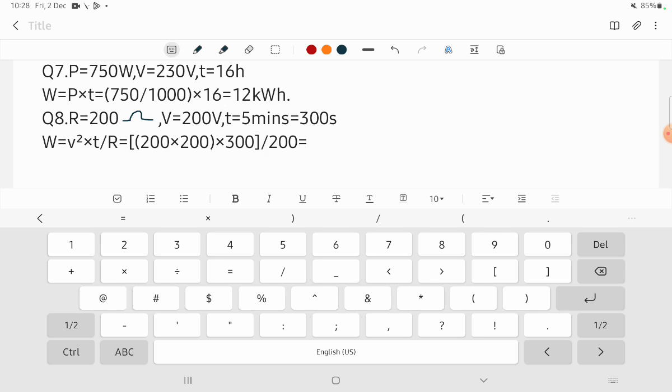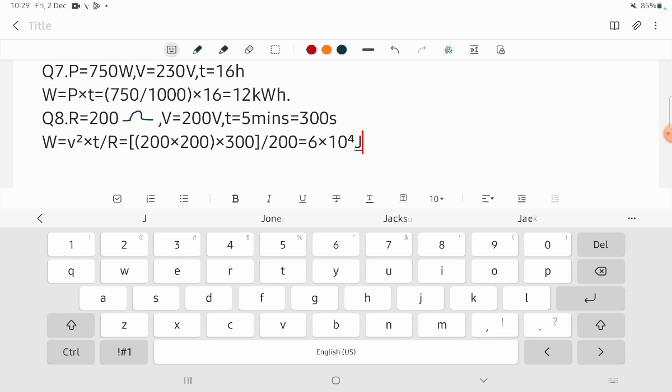So 200 will be cancelled. 200 into 300, that is 6, then 6 into 10 raised to the power 4 joule. Okay, next.